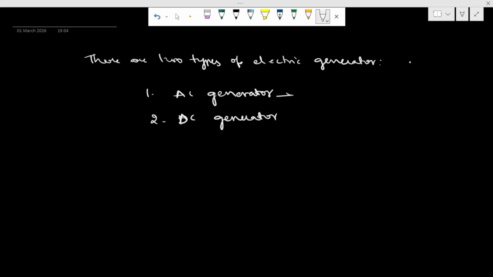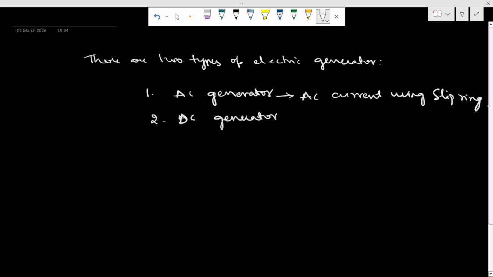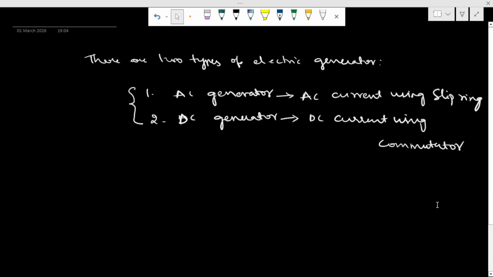AC generator produces AC current using slip rings. DC generator produces DC current using commutators. These are the two types of electric generators. We will get into detail in the further lectures. Now let us see the electric motor.